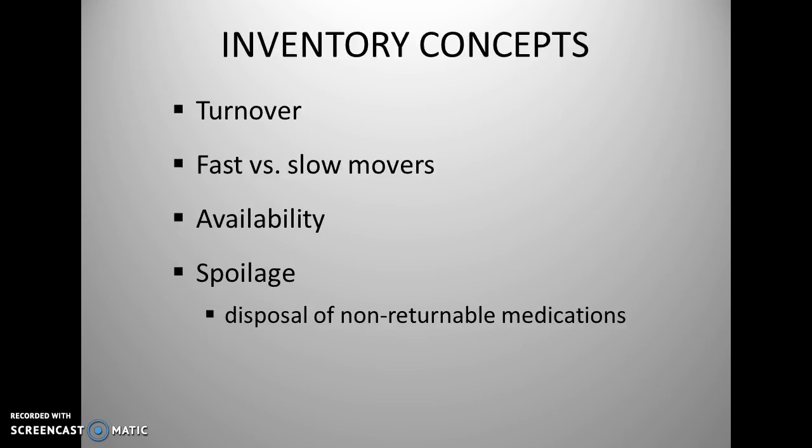For example, a general rule for fast movers and slow movers is that 20% of the stock will account for 80% of the orders or prescriptions. To keep the inventory dollar low, pharmacies keep a one to two week supply of fast moving drugs and a month supply of slower moving drugs.